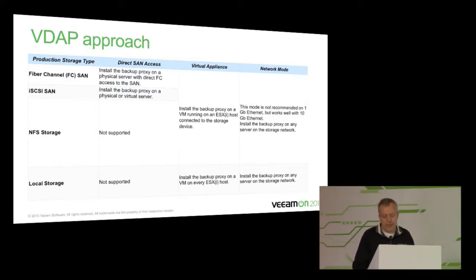That can take some time, and in network mode you can avoid this. For local storage, of course, direct SAN is not supported. You can choose virtual appliance or network mode. It depends on your needs.